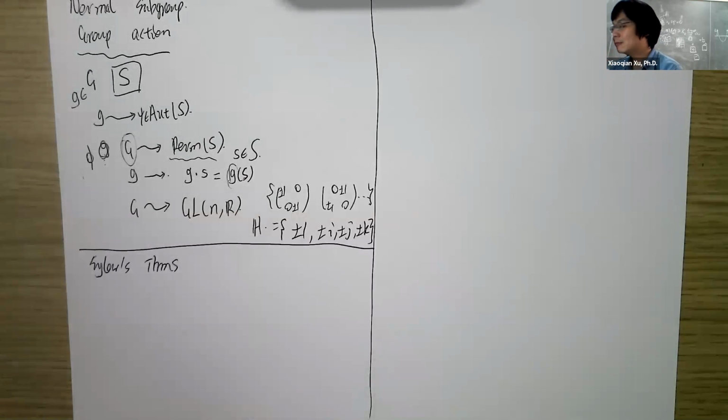The Sylow theorem is more or less like the converse of the Lagrange theorem. Although we know that the converse of Lagrange's theorem is not true, the Sylow theorem tells you how far we can go if we want to find something like a converse.